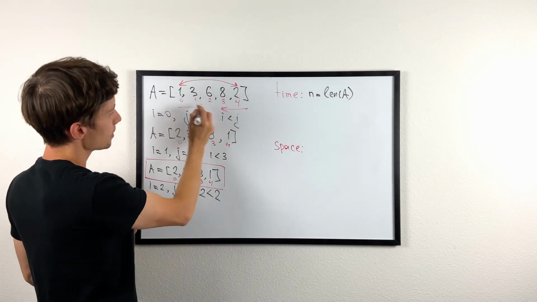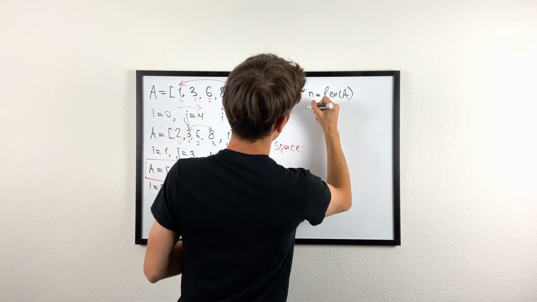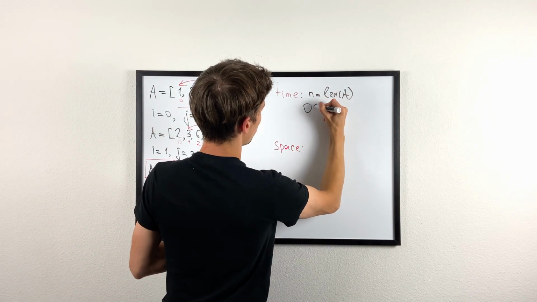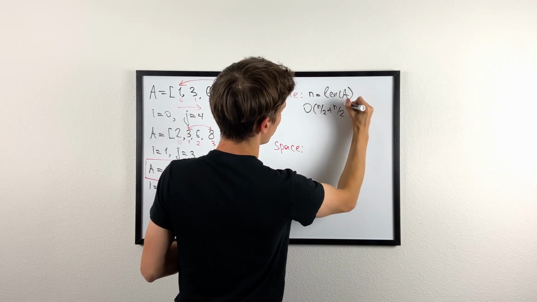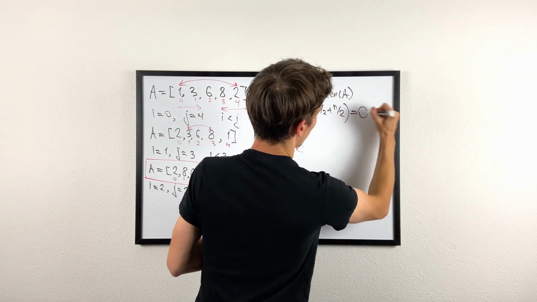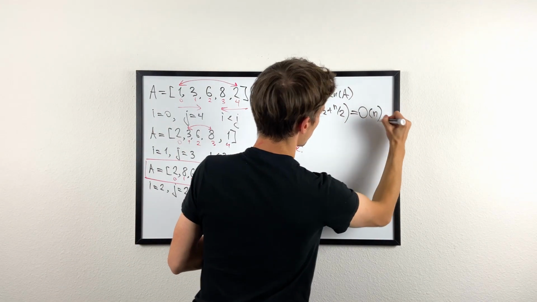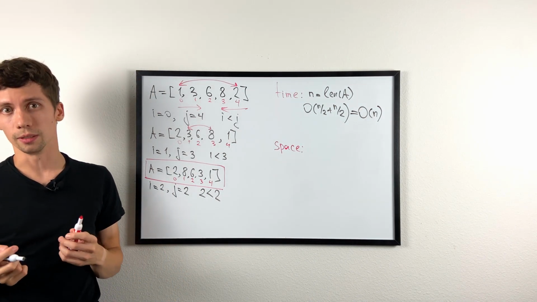So we did n divided by 2 steps. In terms of big O, we did O of n divided by 2 plus n divided by 2 steps. In other words, we did O of n steps. And our time complexity is linear.